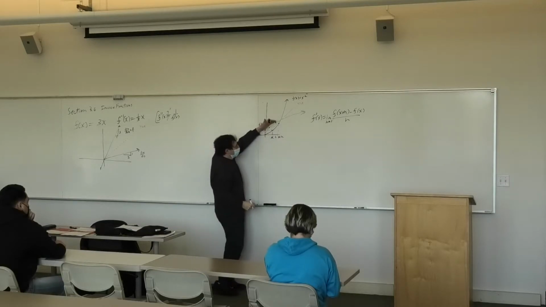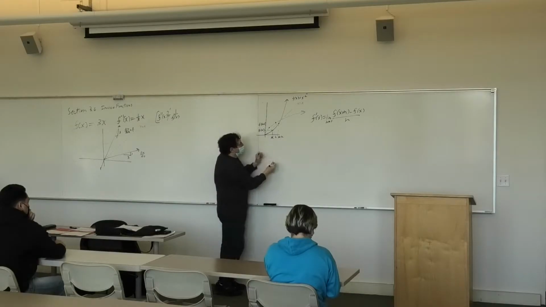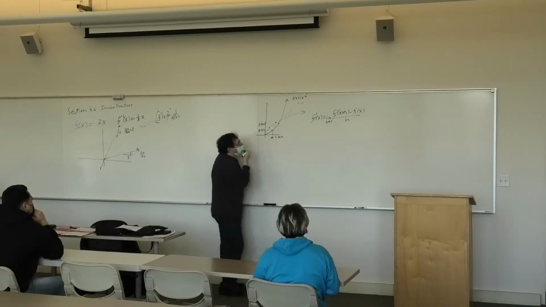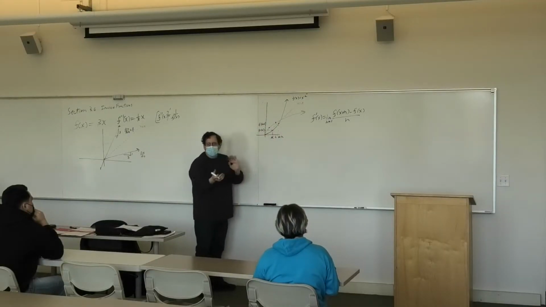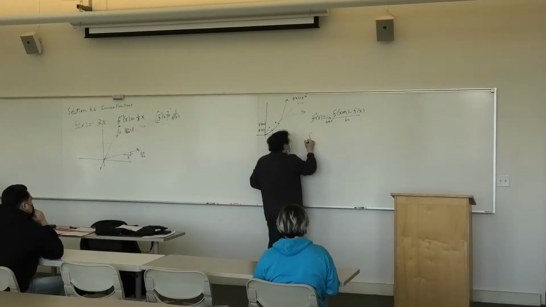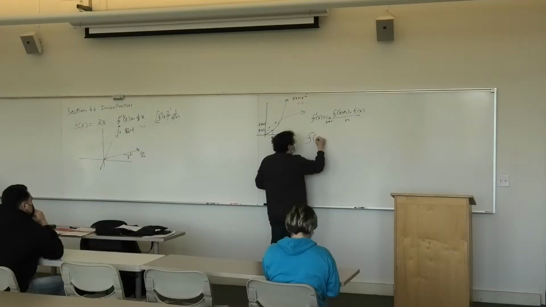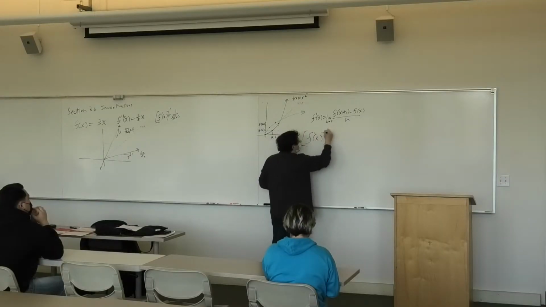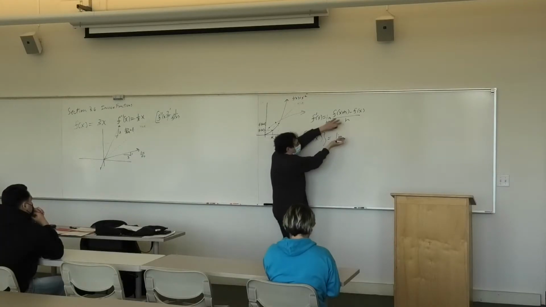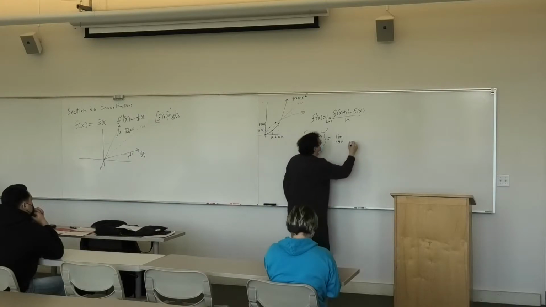But what we're doing here, if we do it right, for the inverse function, all the coordinates are switched, the x coordinates and the y coordinates. So for the inverse function, it's just going to be the reciprocal.